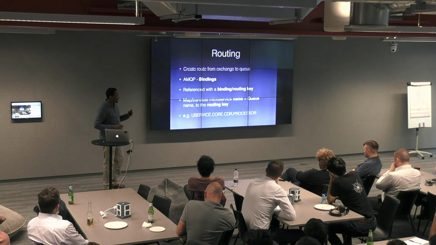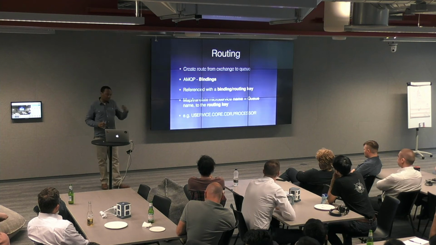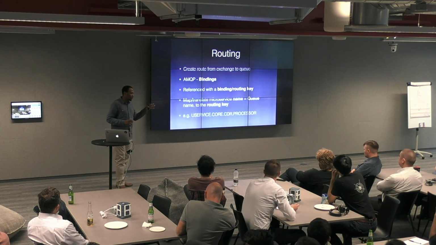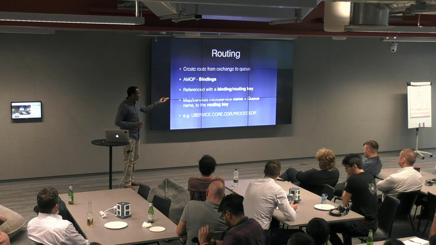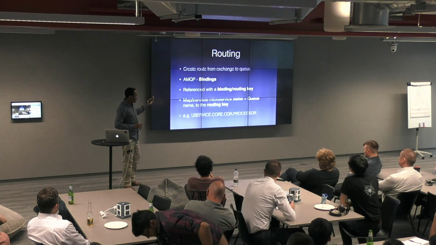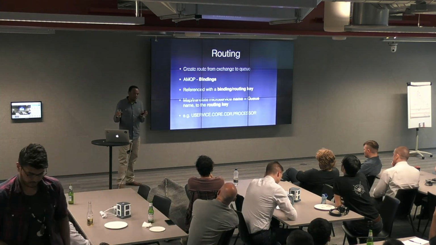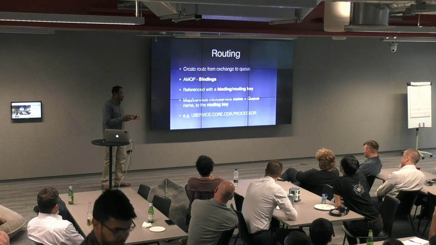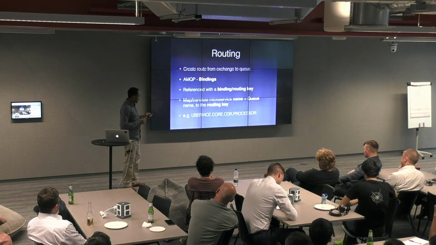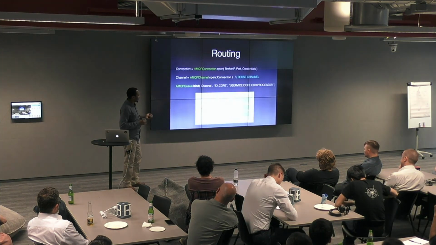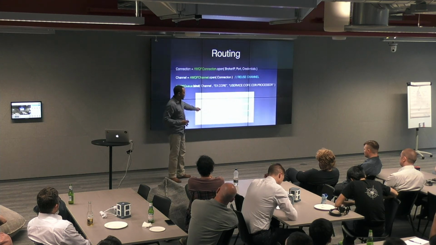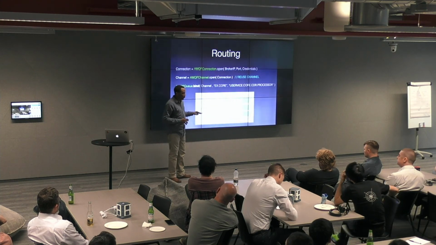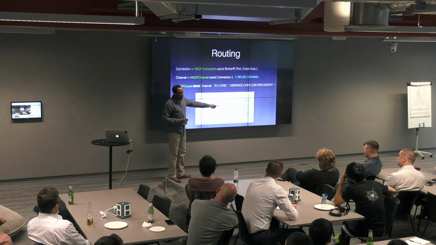So basically, a binding is just a path. It's a named path of how my message is going to go from the router to the queue, right? And these are known as routing keys or binding keys. Best practice is just to use the queue name and map it directly to your routing key. So your routing key is basically your queue name, because the reason being is the moment you bind this, the microservice is not supposed to know, this is AMQP protocol, it's not supposed to know the queue name, right?